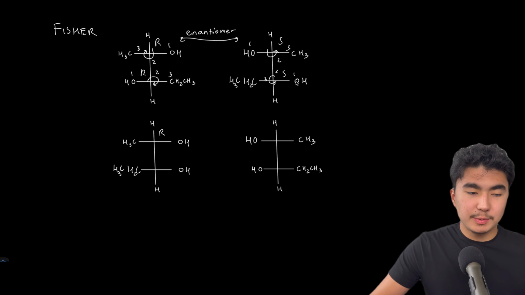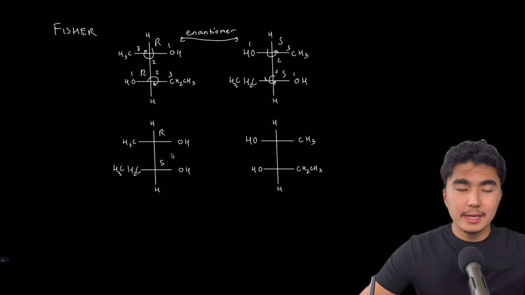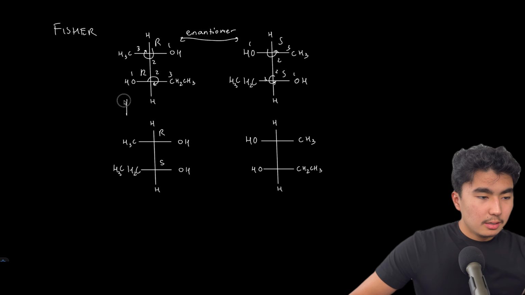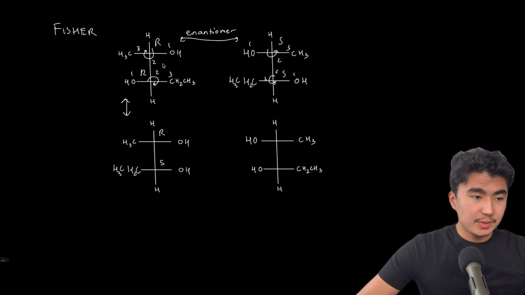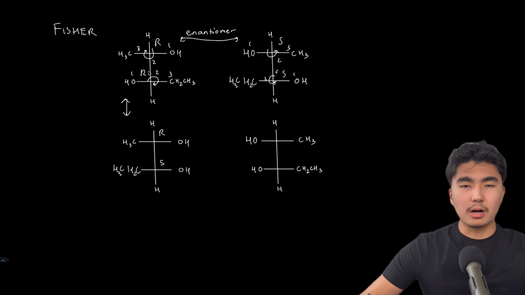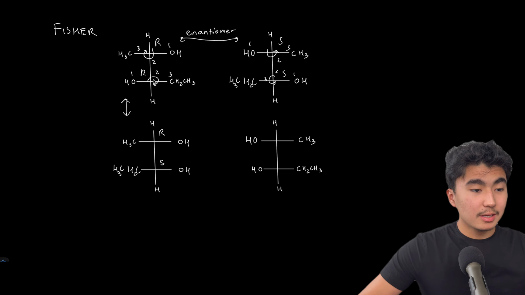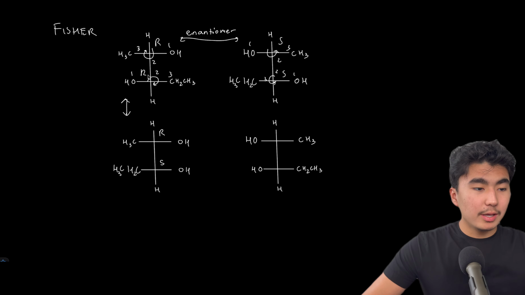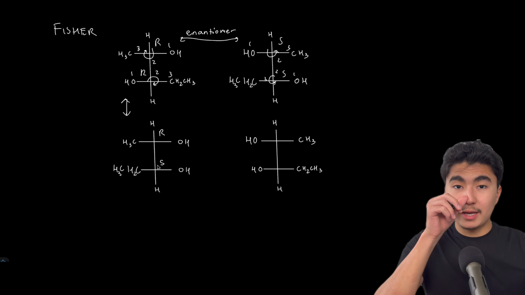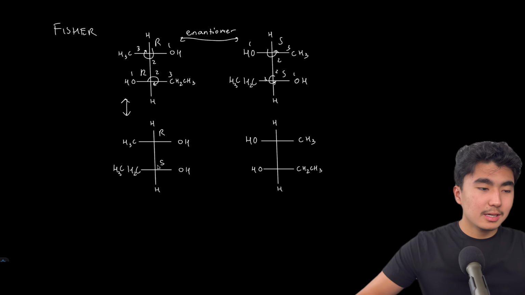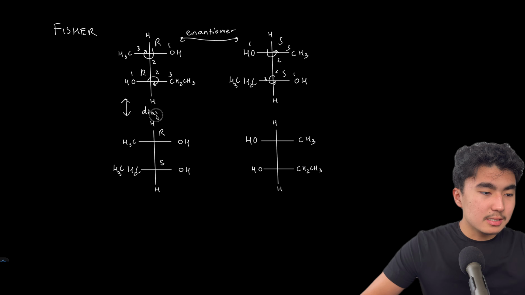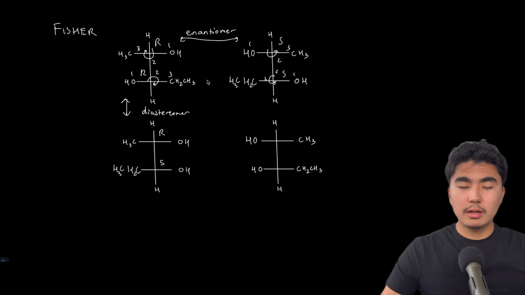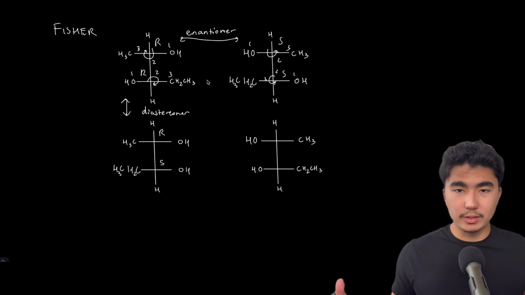So we know that OH being on the right is an S configuration, and as you can see, when we're looking at these carbons, this top carbon is R, top carbon is R. All right, same configuration, but in our second carbon, we have an R configuration, but over here we have an S configuration, and this is what a diastereomer is. Diastereomers, you're going to identify them by finding two or more chiral centers and only one of them has been switched out. That's all a diastereomer is.